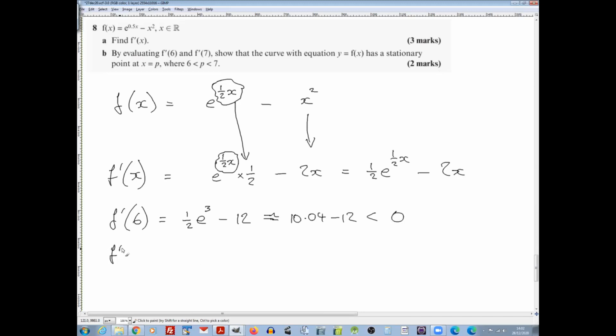Now f dashed of 7. And this time it would be 7 over 2, or 3.5. Oh no, I never halved the e, did I? Yes, I did.